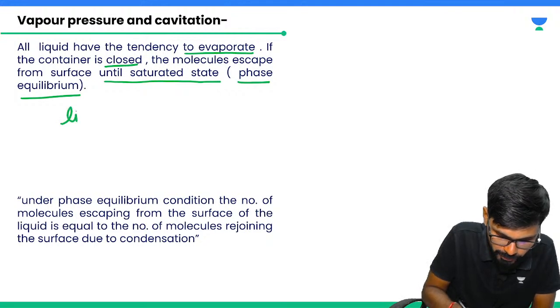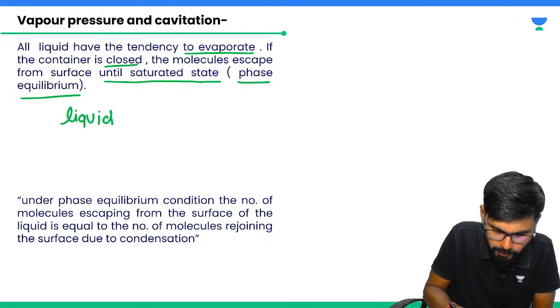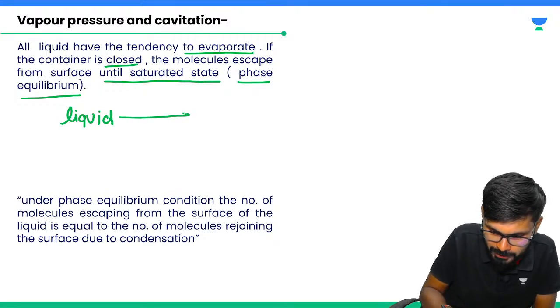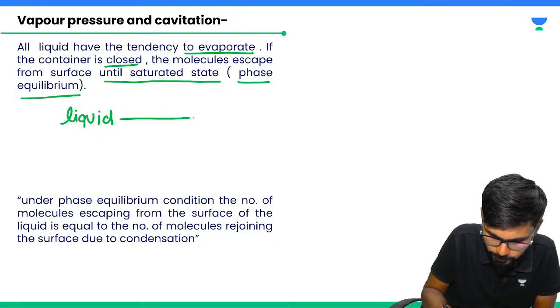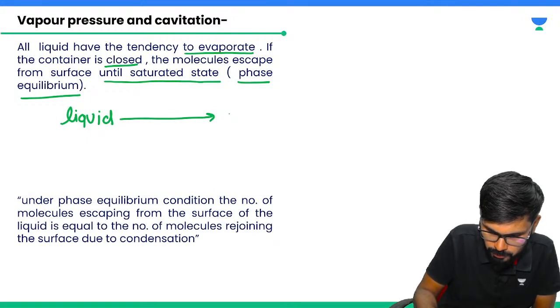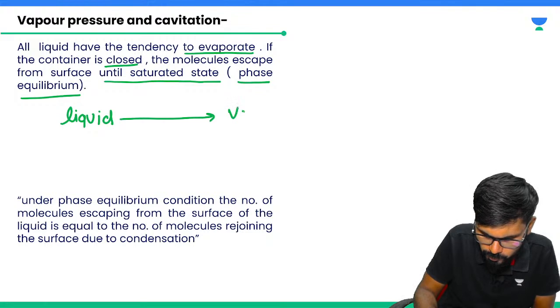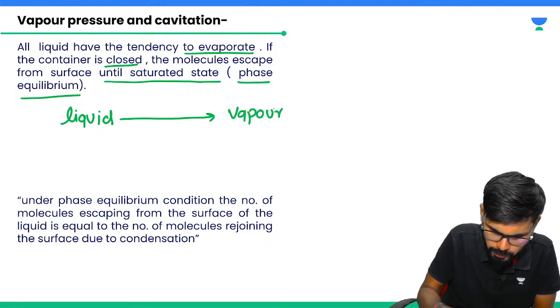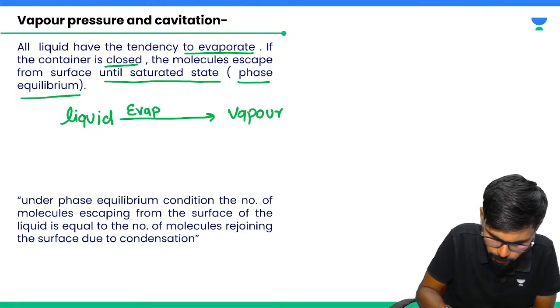So let's say here liquid is there. At phase equilibrium, whatever liquid evaporates to the gaseous phase, or vapor I am writing better, this is evaporation.